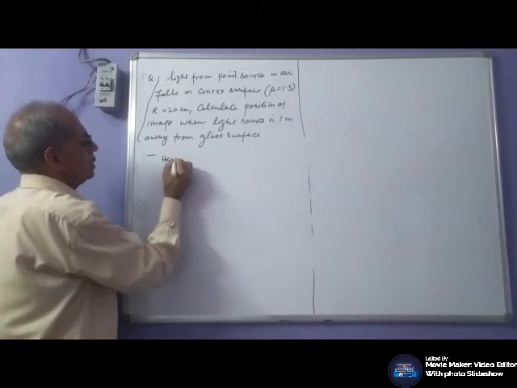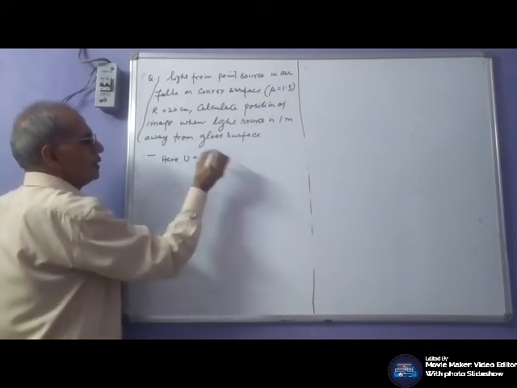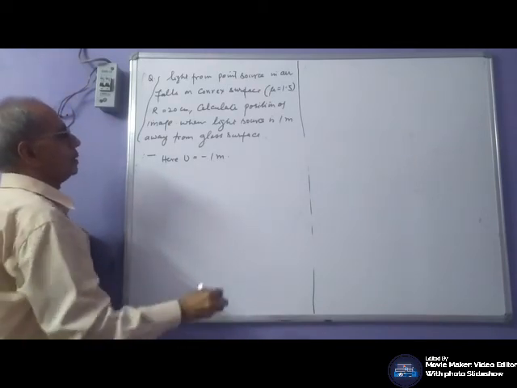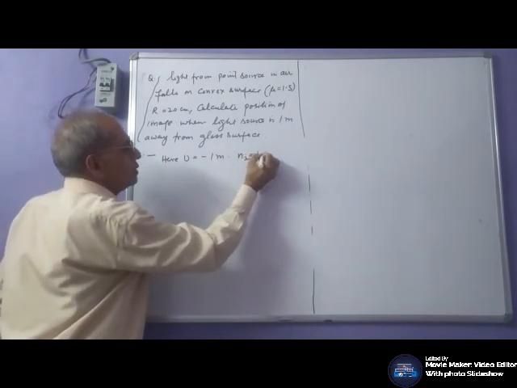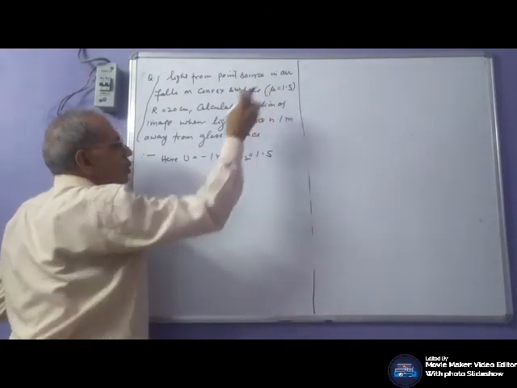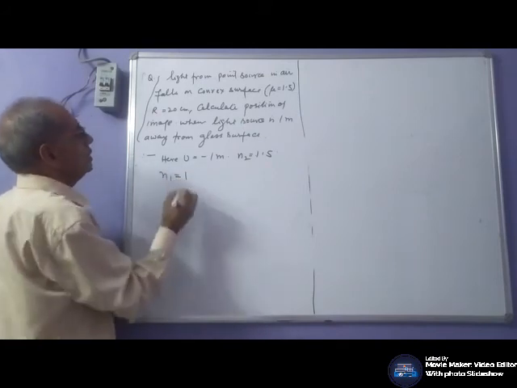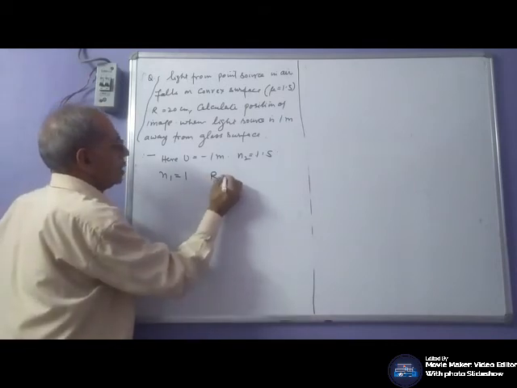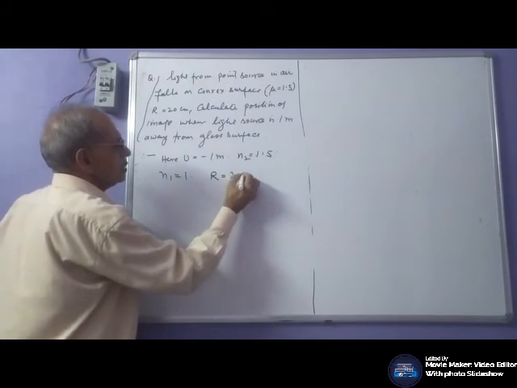Here u is minus 1 meter, always left. N2 is 1.5, mu is this, and N1 is air, 1. R is 20 centimeter.